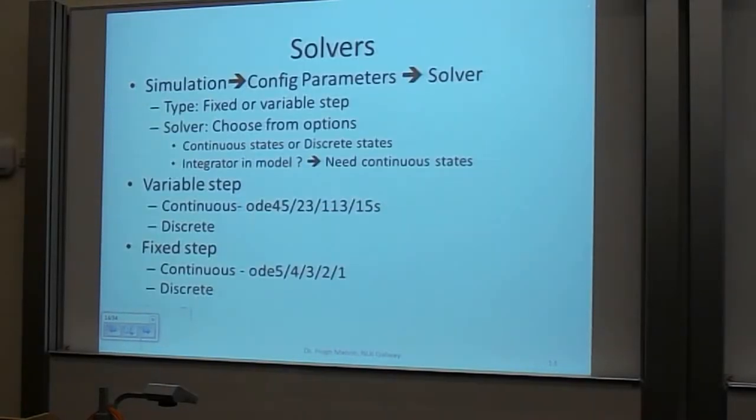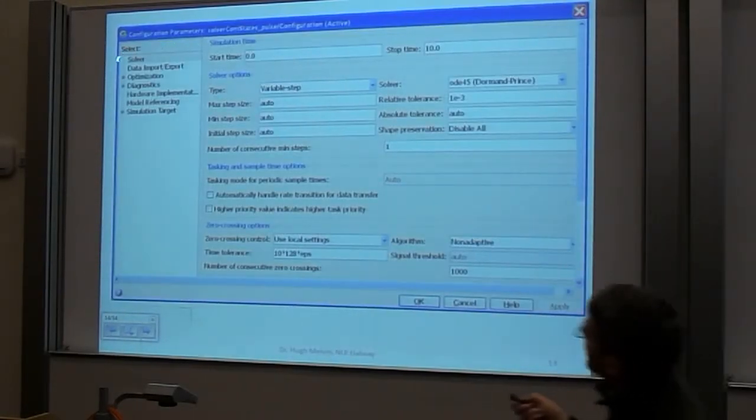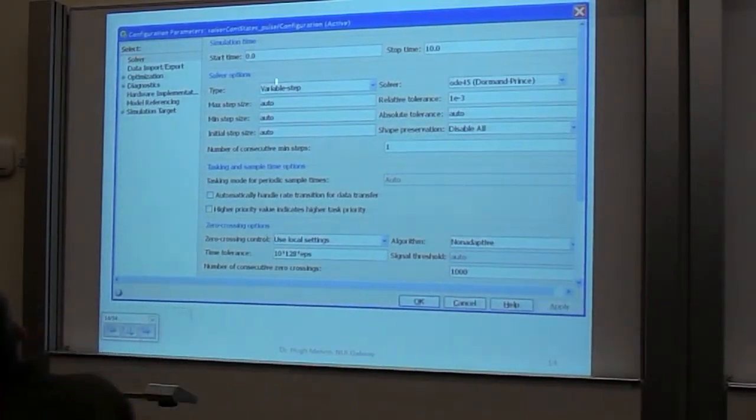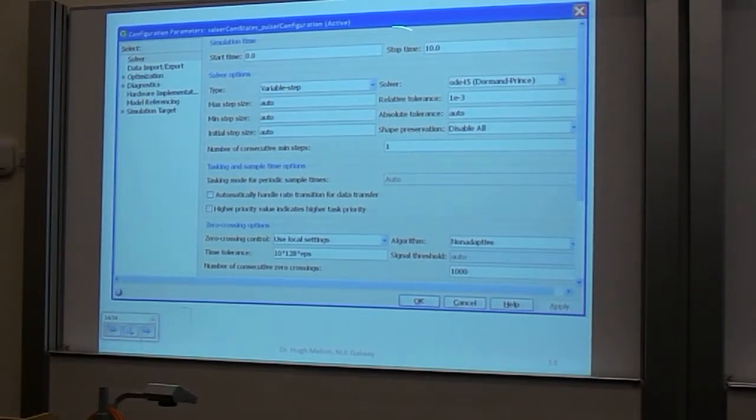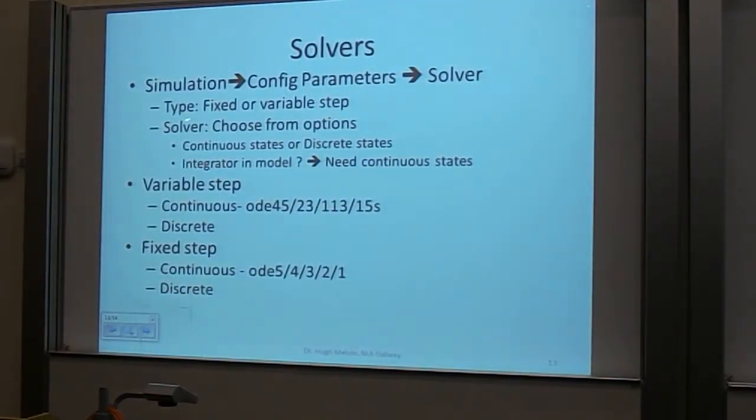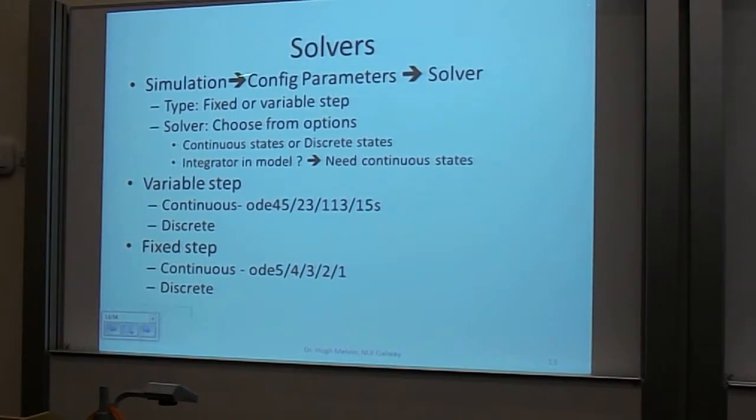Anyways, this is essentially looking under the hood of the solver, okay? You can see here, it tells you, and you can set parameters here, whether it's variable step or fixed step, alright? And we're going to look at some of these options today. So fixed or variable step, and then continuous or discrete.